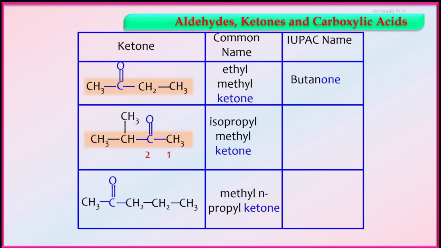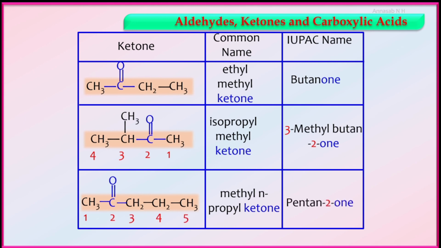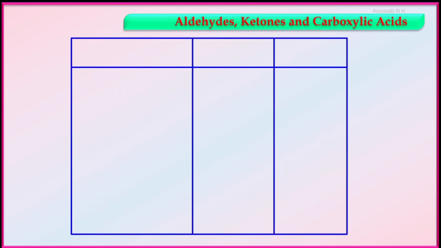So the name for the compound is 3-methyl butan-2-one. Next one, there are a total of 5 carbon atoms, with the ketonic group on the second carbon. So the name for this compound is pentan-2-one. Few more examples.